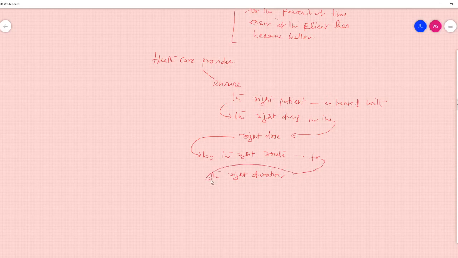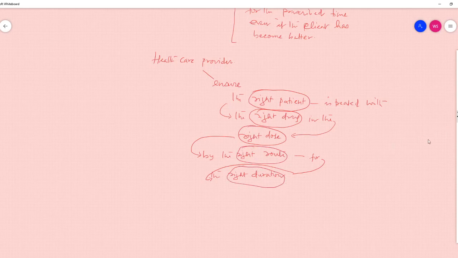These are the 5 rights. The right patient should be given the right drug in the right dose through the right route for the right duration.